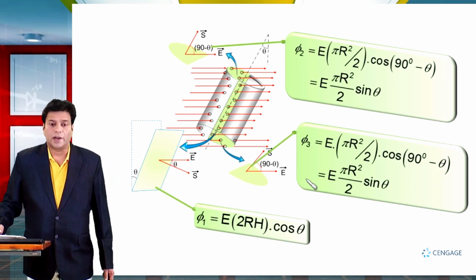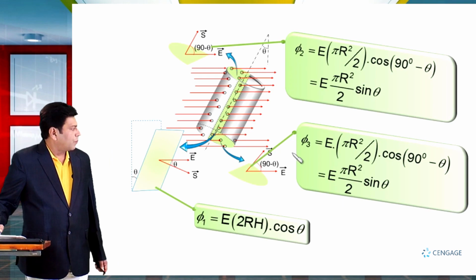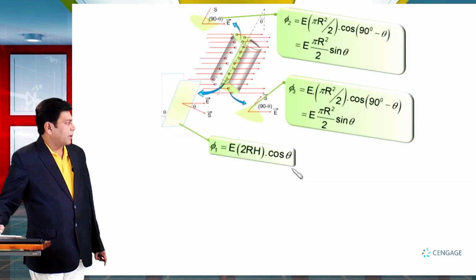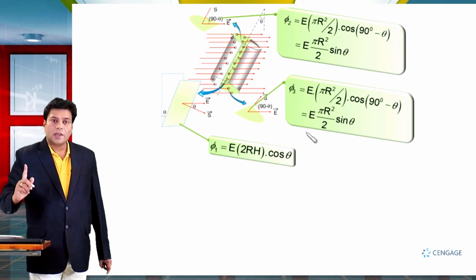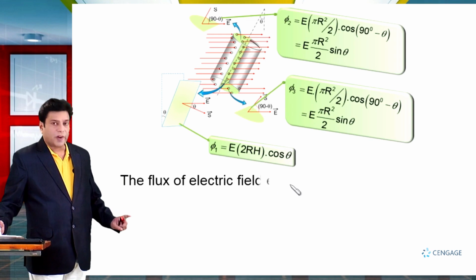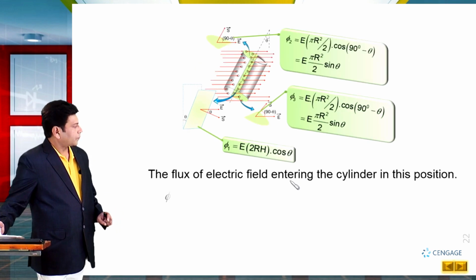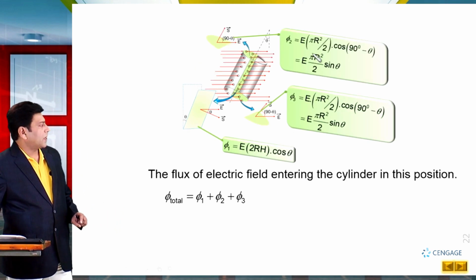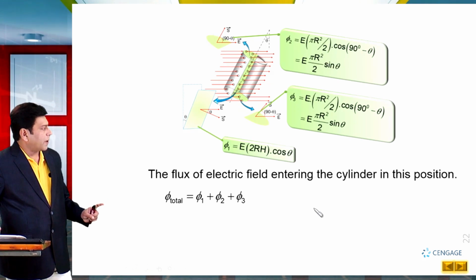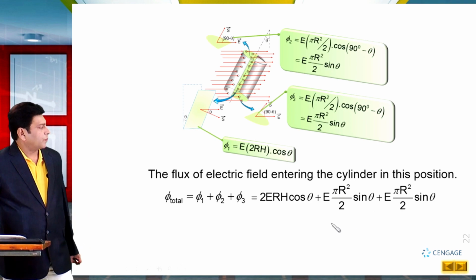entering the cylinder. So, now one thing we can do, we can make this diagram again and write phi total equal to phi 1 plus phi 2 plus phi 3. And phi 1 equals this one, E multiplied by 2RH cos theta, phi 2 equals E multiplied by pi r square divided by 2 sin theta, and again phi 3 equals the same value.